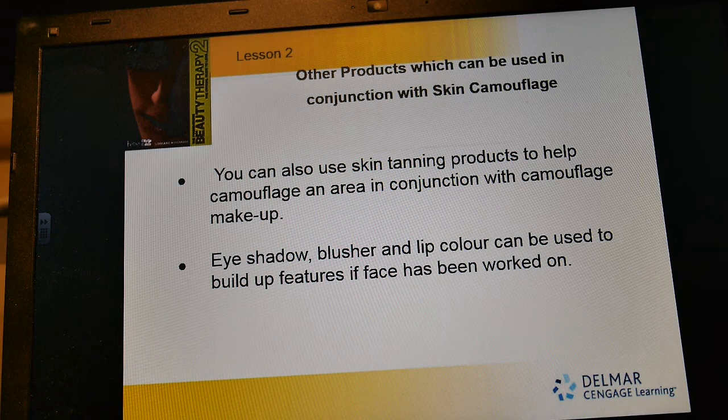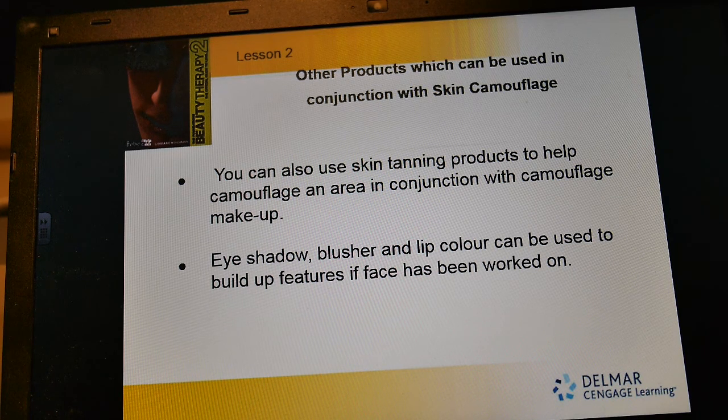You can advise the client that they can have skin tanning products to help camouflage or make the condition less noticeable, particularly if it's like hypo or hyperpigmentation, okay? Some people may feel a little bit more comfortable with a bit of fake tan on, okay? So you can use camouflage makeup.